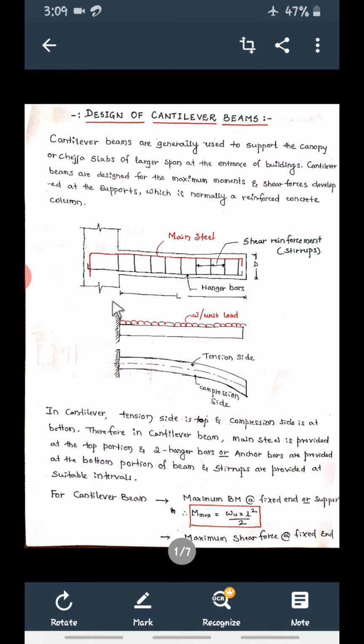This column and beam will be combined together. So this is the fixed end of the beam and this is the free end. Over this there will be a load. This beam is known as a cantilever beam, and in this cantilever beam we have to calculate the maximum bending moment and maximum shear force at the supports.